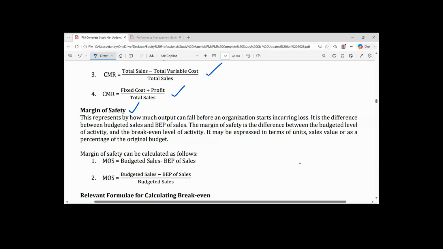It represents the difference between budgeted sales and break-even point of sales. It is also the difference between budgeted units and break-even point units, or break-even point of activity level.